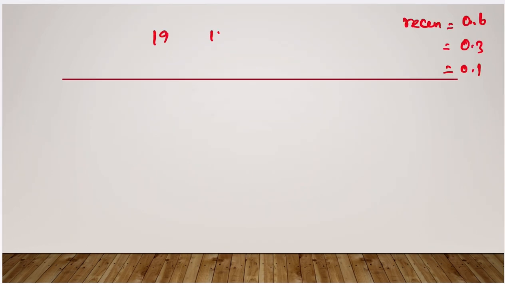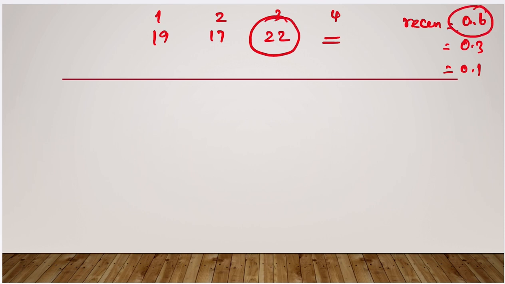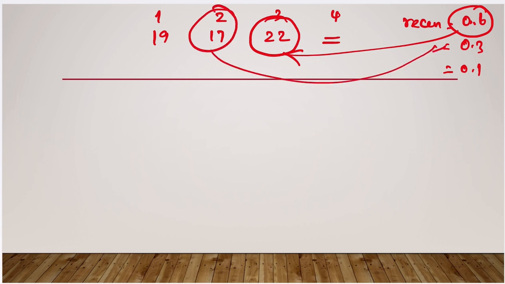19, 17 and 22. See, first week, second week, third week, fourth week, actually we are accounting. So, the nearest one is the third week. We should apply 0.6 for the nearest one. The next one is 17, 0.3. The next one is 19, the oldest, so 0.1.